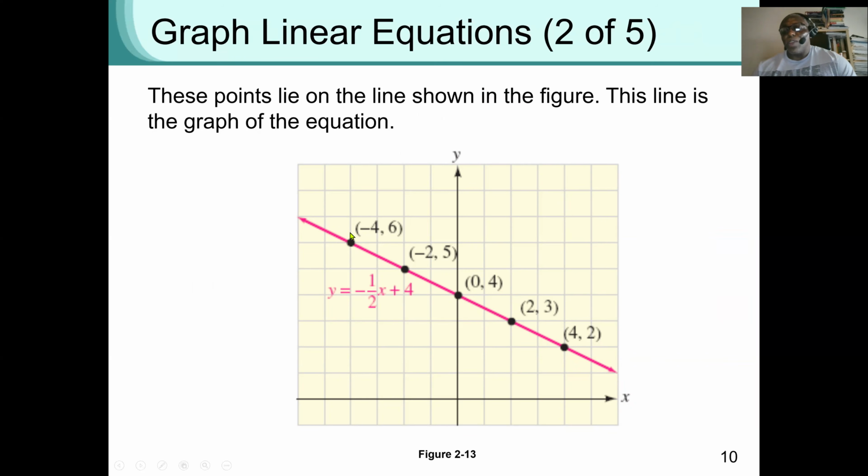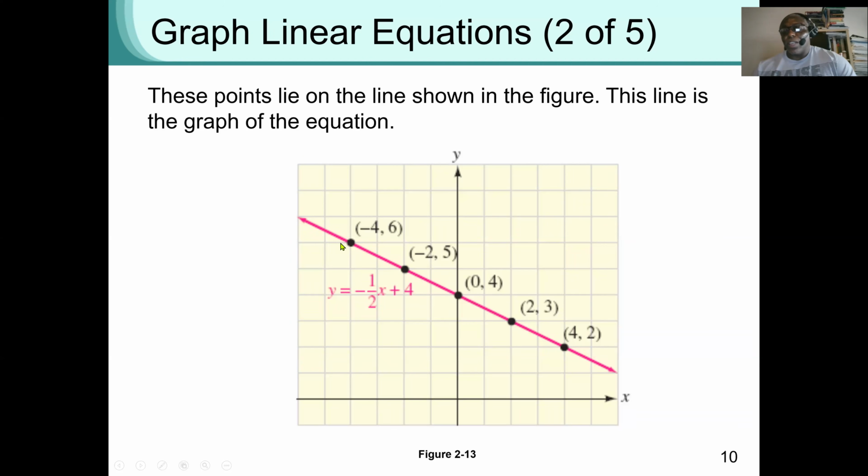Remember, we have -4 and 6, -2 and 5, 0 and 4. For example, at 0, it means when x is 0, y is 4. -4 and 6 means when x is -4, y is +6. 4 and 2 means when x is 4, y is 2. So the intersection is here. Then we draw a straight line.